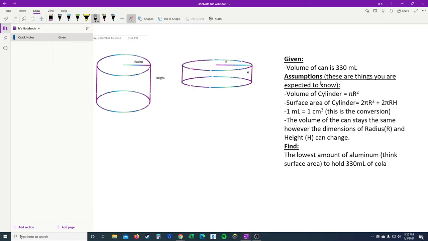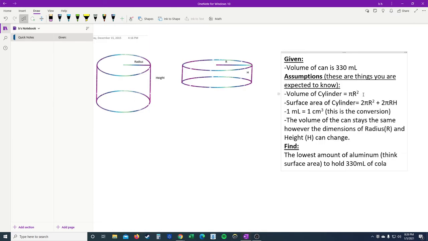There are a couple of assumptions that you're expected to know in order to solve this problem. The first, which is the reason geometry is involved, is you need to know the volume of a cylinder. Sorry, can I edit this? This is incorrect. The volume of a cylinder is not pi r squared.